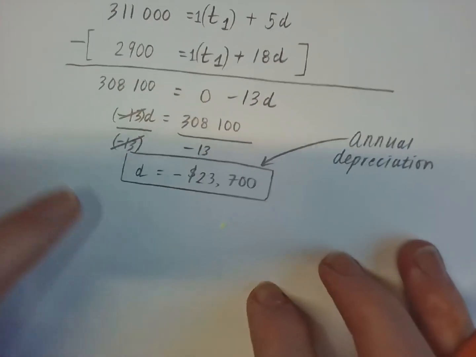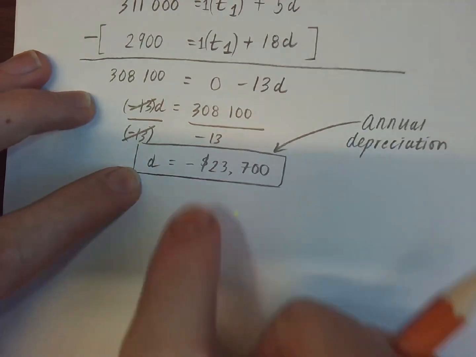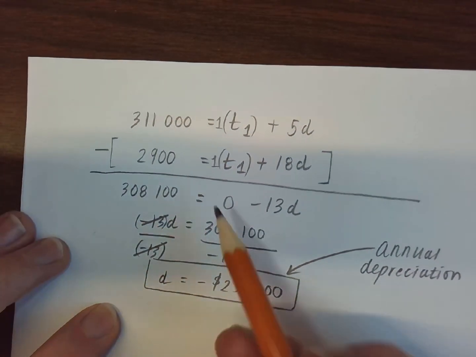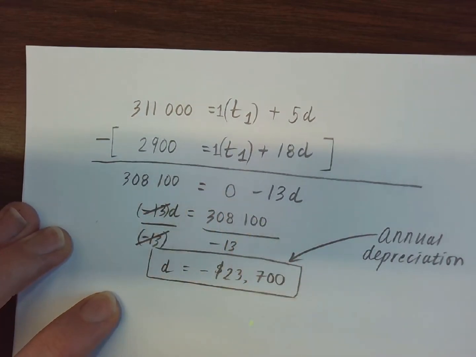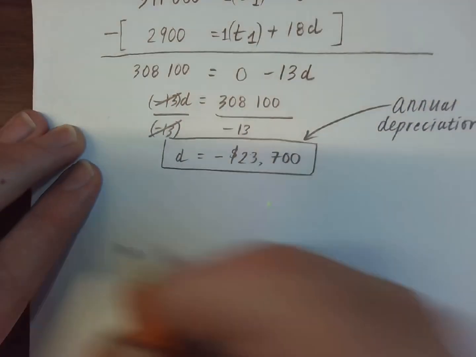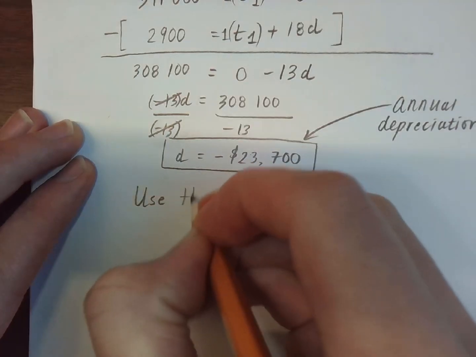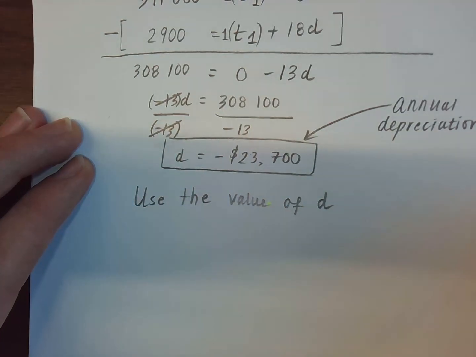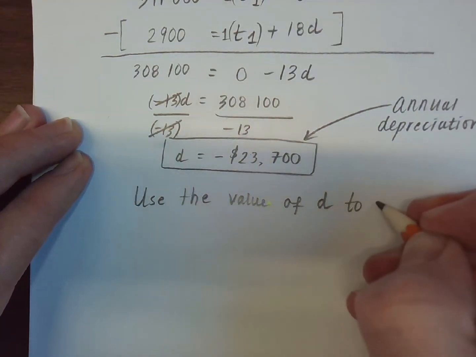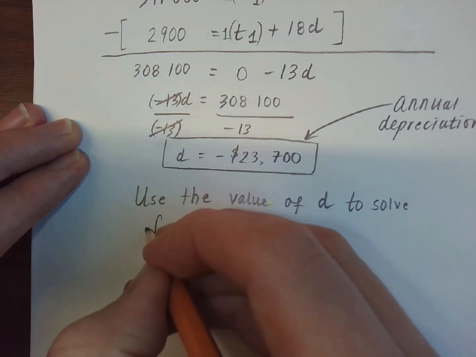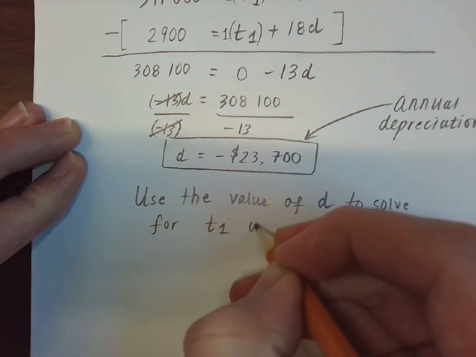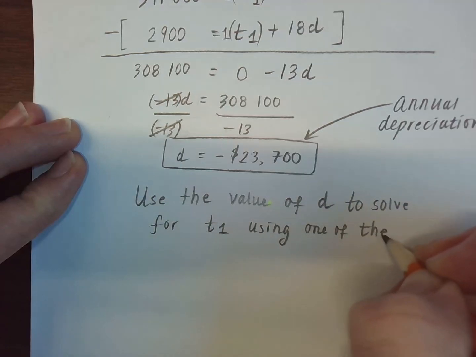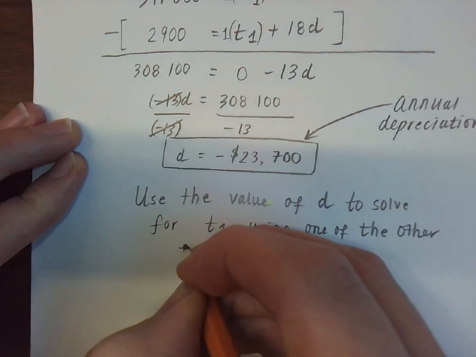And then remember, with systems of equations, we still want T1. When we did elimination, we got rid of T1, but now I use the value of d to solve for T1 using one of the other equations.